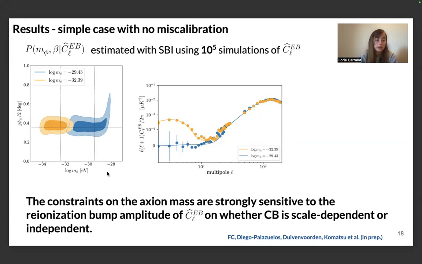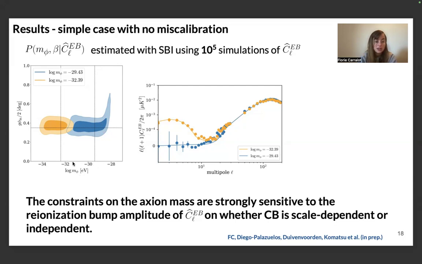So you can see on the left the 1 sigma and 2 sigma contours in the beta-axion mass plane, and we see that the constraints on the axion mass are very sensitive to the amplitude of the reionization bump. Depending on the fiducial axion mass, two regions of the axion mass parameter space are allowed.